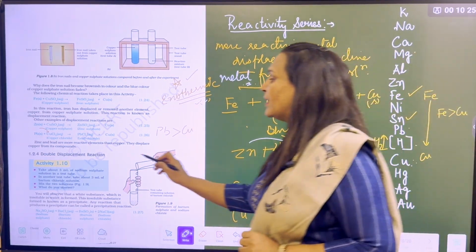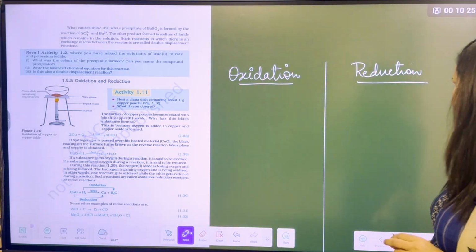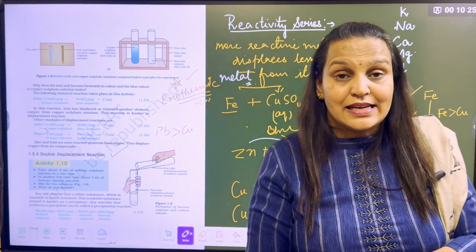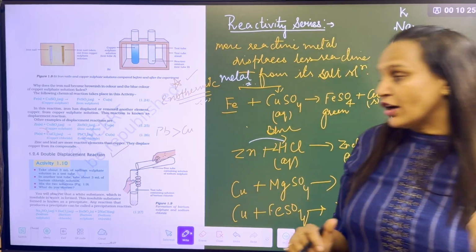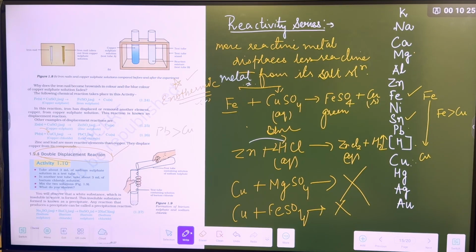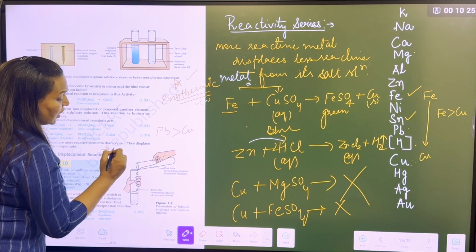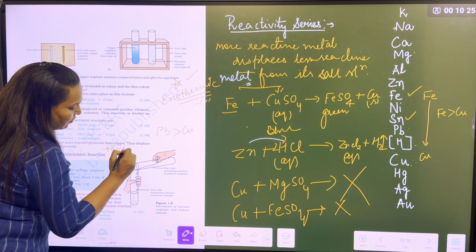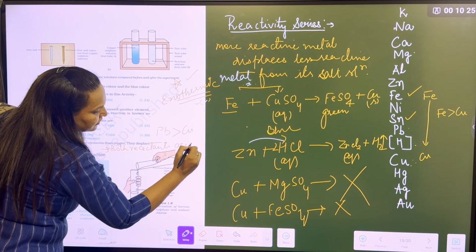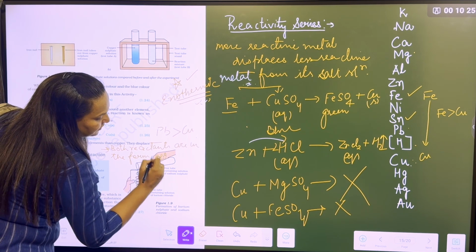Now come to the double displacement reactions. 100% a 1 mark question comes from here. So double displacement reaction means displacement is there but no reactivity series. What is the speciality about the double displacement reaction, guys? Here both reactants are in the form of aqueous solution.